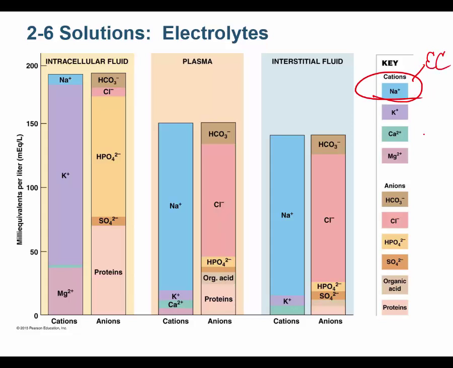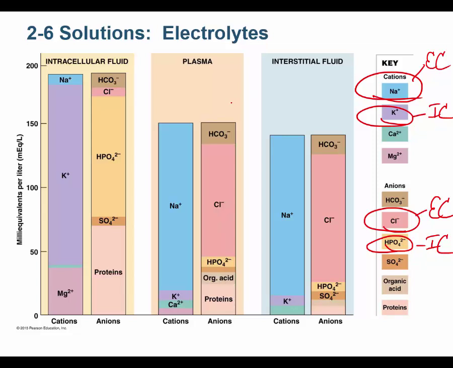Potassium is a major intracellular cation. Chloride is a major extracellular anion. And phosphate is a major intracellular anion. You absolutely have to memorize that.